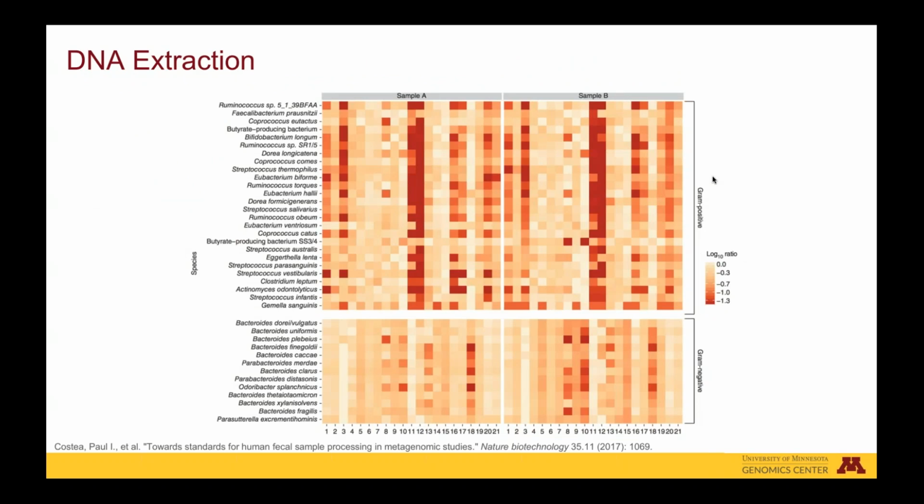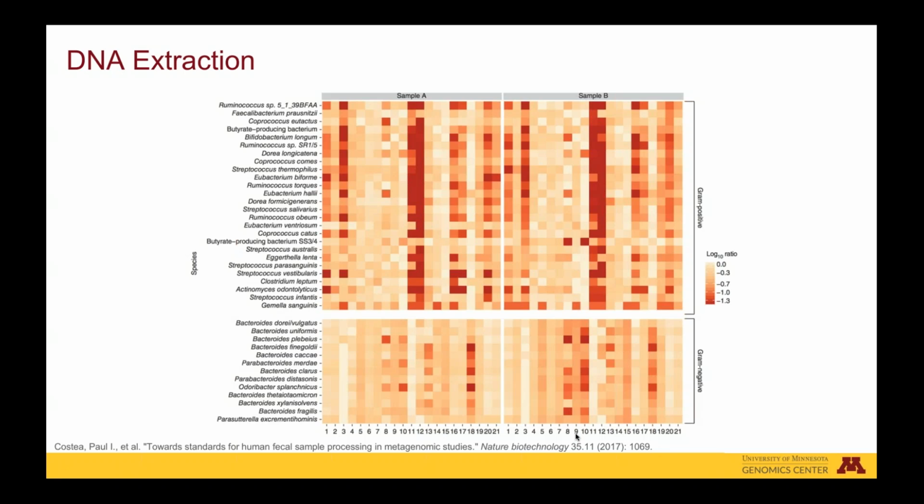One 2017 Nature Biotech paper focused on evaluating and optimizing the process of DNA extraction by comparing the extraction protocols of 21 different laboratories on 2 human gut microbiome samples. So you can see those 21 different extraction protocols along the bottom and different species along the left here.